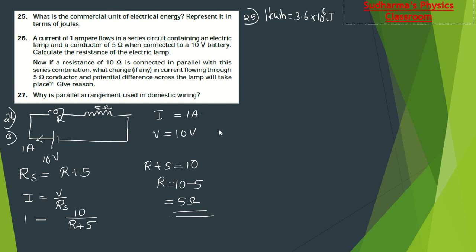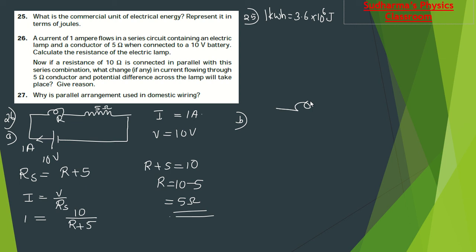Now let's do part B. If a resistance of 10 ohm is connected in parallel with the series combination, what change in current flowing through the 5 ohm conductor and potential difference across the lamp will take place? Give reason. So let's redraw this diagram.